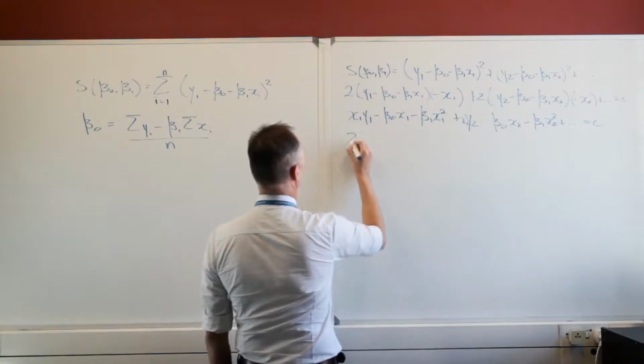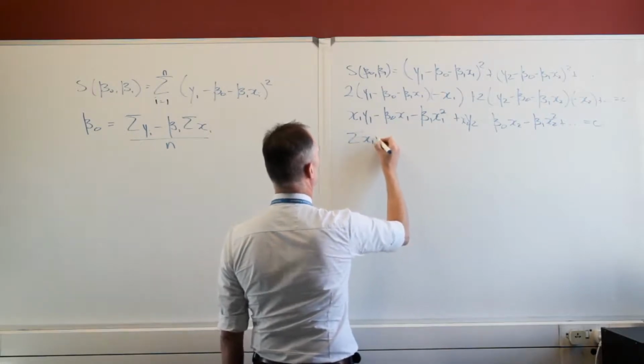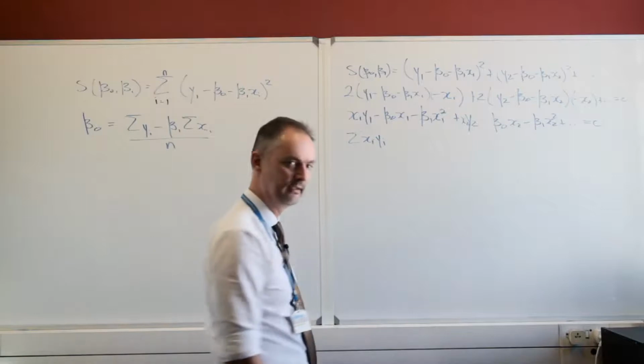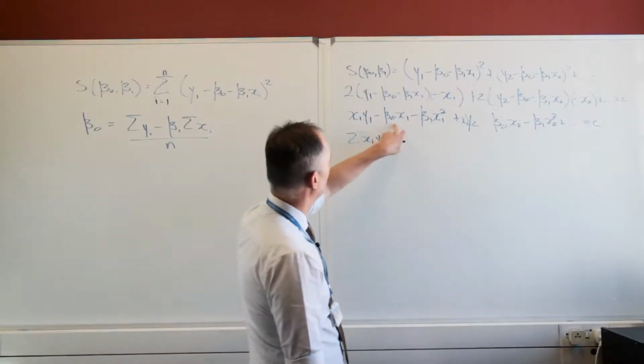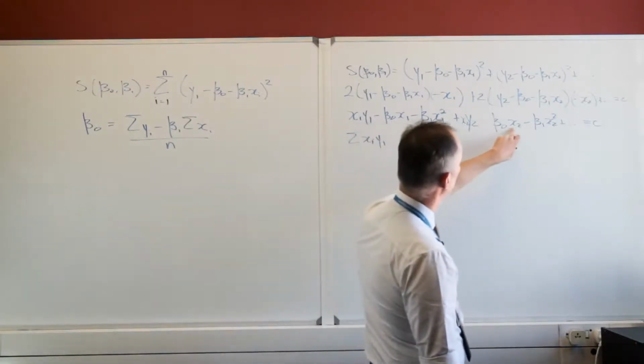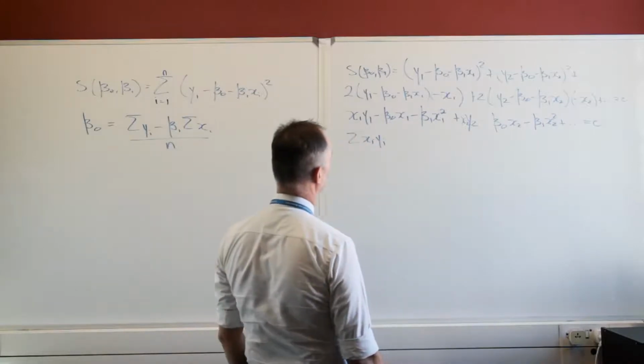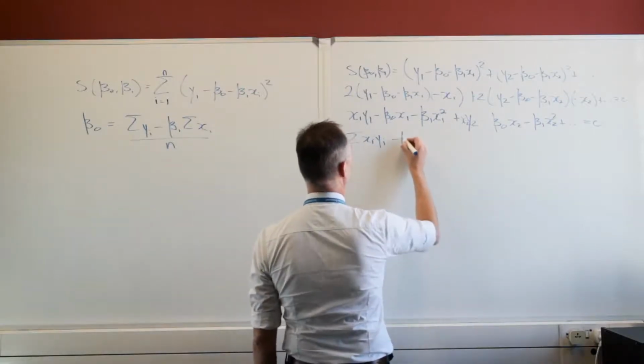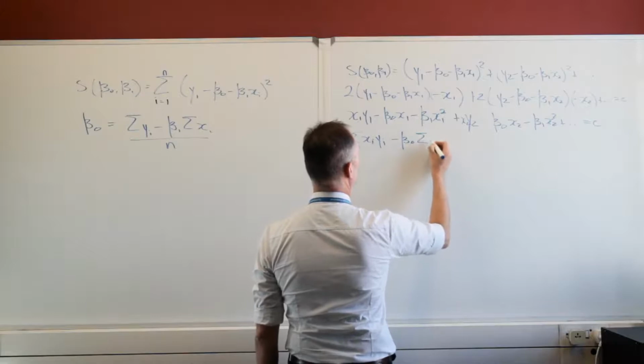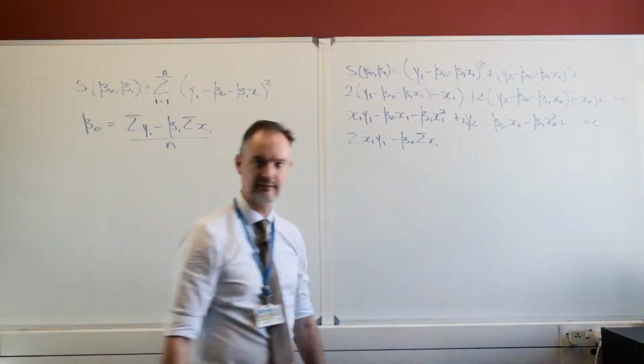So I can use summation notation, x sub i y sub i. Very easy to do there. I see I have negative beta sub 0, each time times a different constant there. So I can take negative beta 0 out as a common factor. And I'm just left with the x sub i's there as a summation.